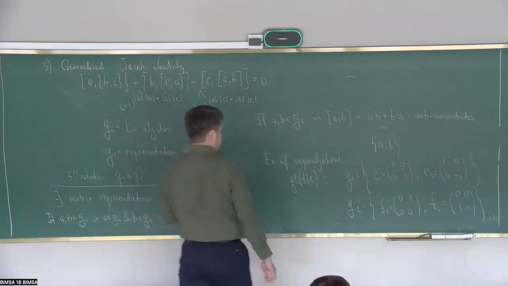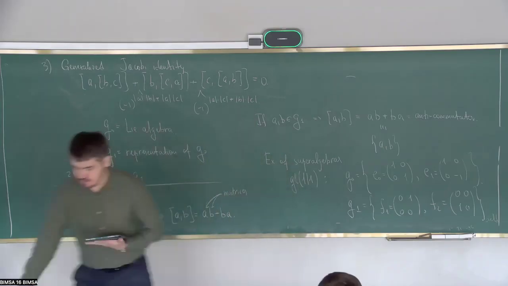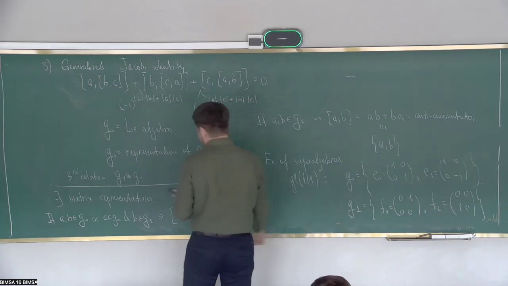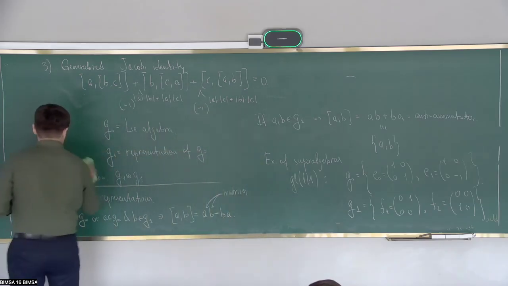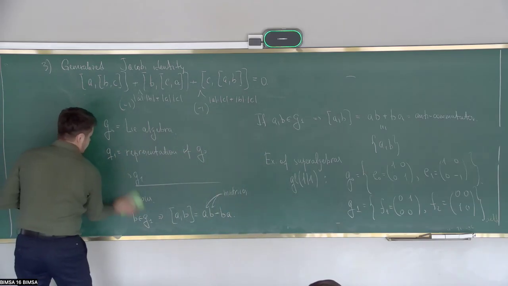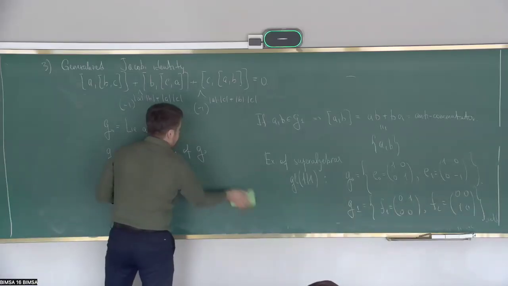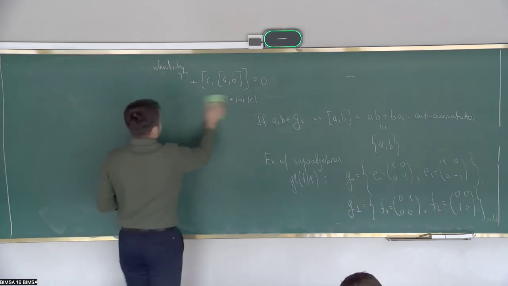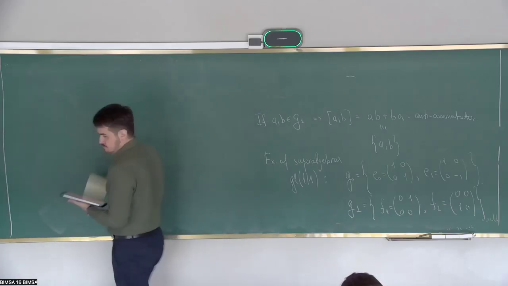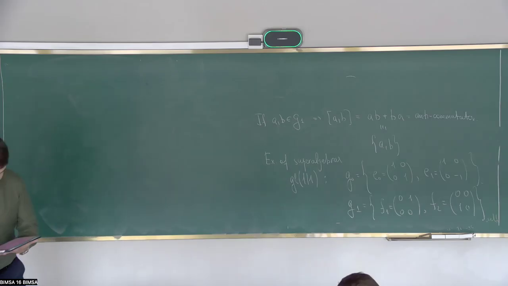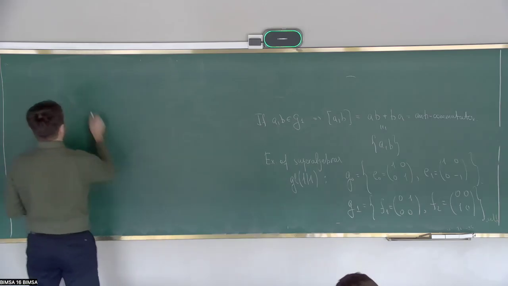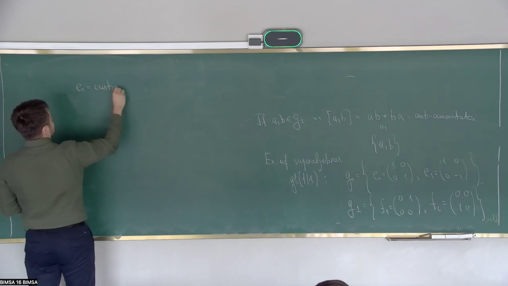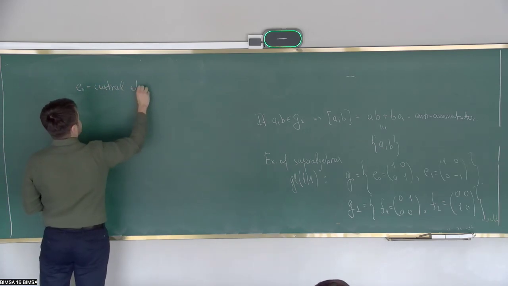So what are the commutators in this algebra? This is a vector space over complex numbers, so you can take arbitrary linear combinations. E0 is a central element, so it commutes with everything, since it's the unit matrix.